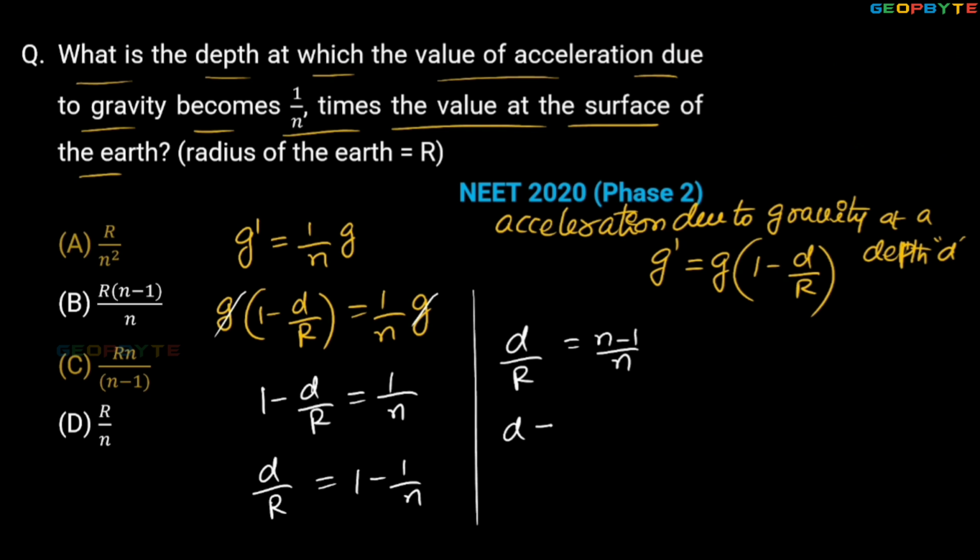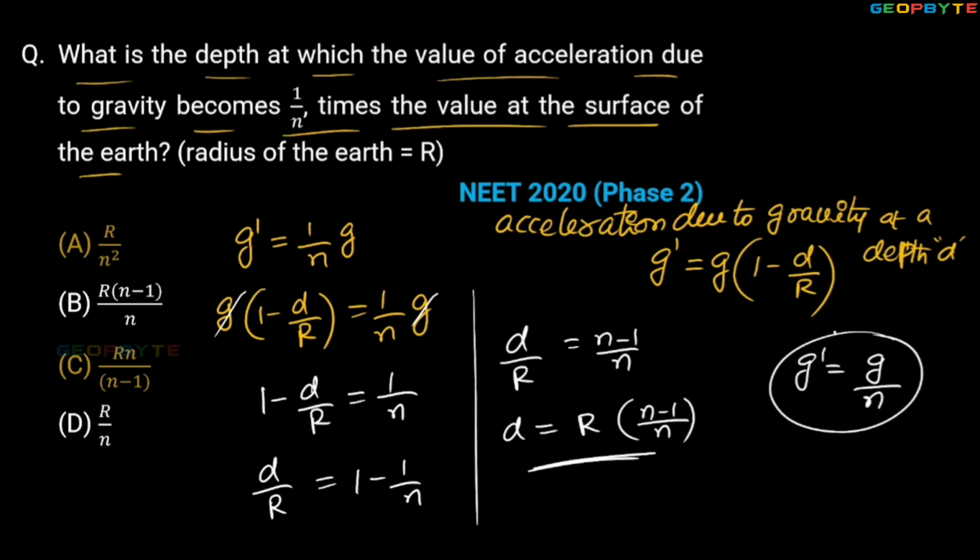Then depth d equals R into n minus 1 by n. At that depth g dash will be equal to 1 by n times the g, where g dash is the acceleration due to gravity at depth d. Look at the options. Option B, n minus 1 by n, can be selected.